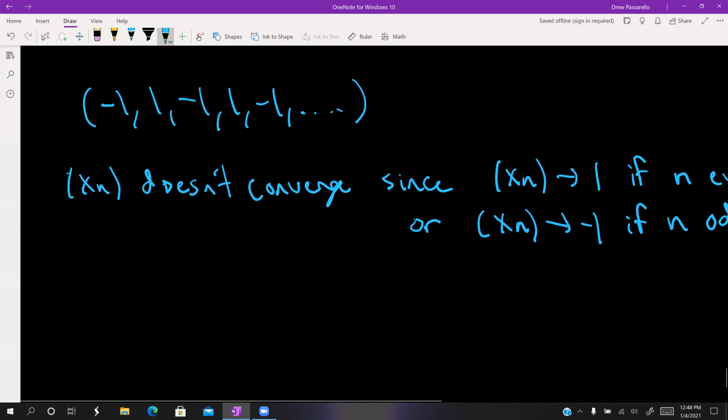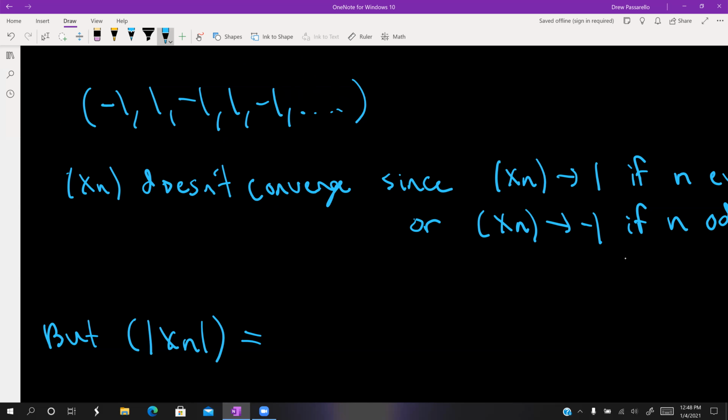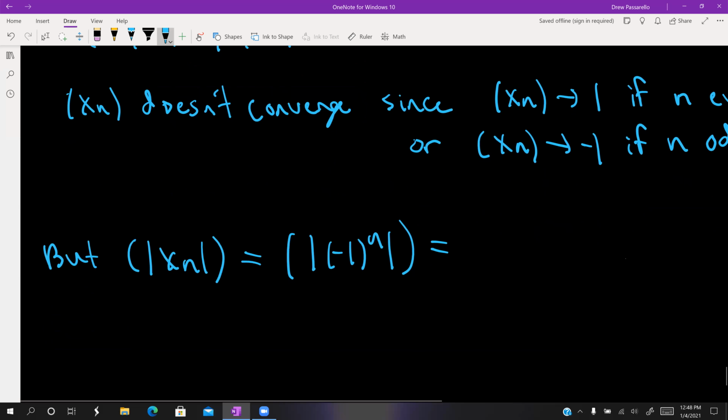All right, so the sequence xn does not converge, but the absolute value of xn, so you're taking the sequence of the absolute value of (-1) to the n, well, that's always going to be +1. You're taking the absolute value of -1 raised to any natural number exponent. It's always going to give you 1.